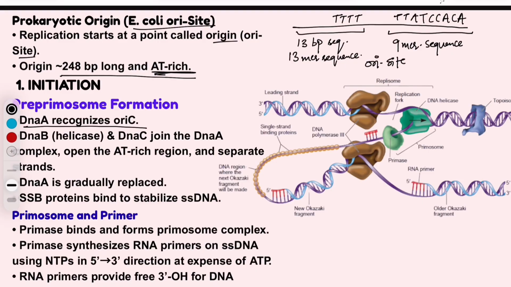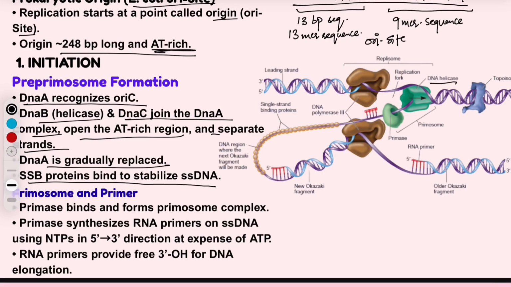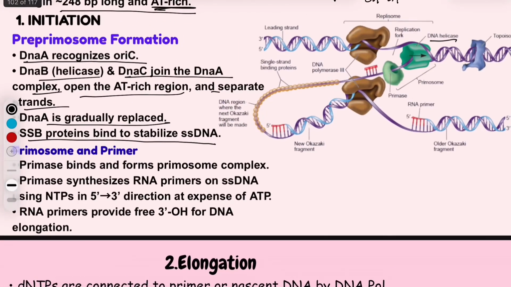Now the initiation process involves pre-primosome formation. DnaA, the protein, recognizes OriC. Now DnaB, which is the helicase, and DnaC join this DnaA complex and open the AT rich region.